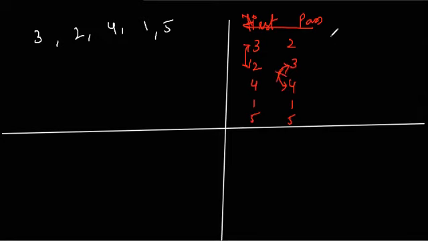The next step, again we write 2, 3, 4, 1, 5 and compare 4 and 1. Now 1 is the smaller element, so it goes up. I'm circling the smaller elements. So over here you will get 2, 3, 1, 4, 5.